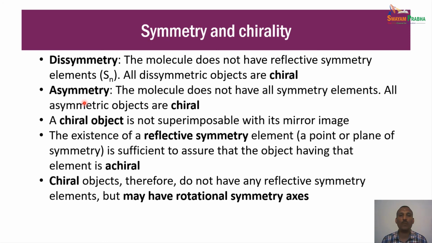This is mainly applicable to the molecule as a whole, because when we say stereogenic center, in some cases, especially when we study axial symmetry and helical symmetry and other symmetry operations, the molecule as a whole is chiral. But if you look at the individual carbons, they may or may not have any chirality at the individual atom level.